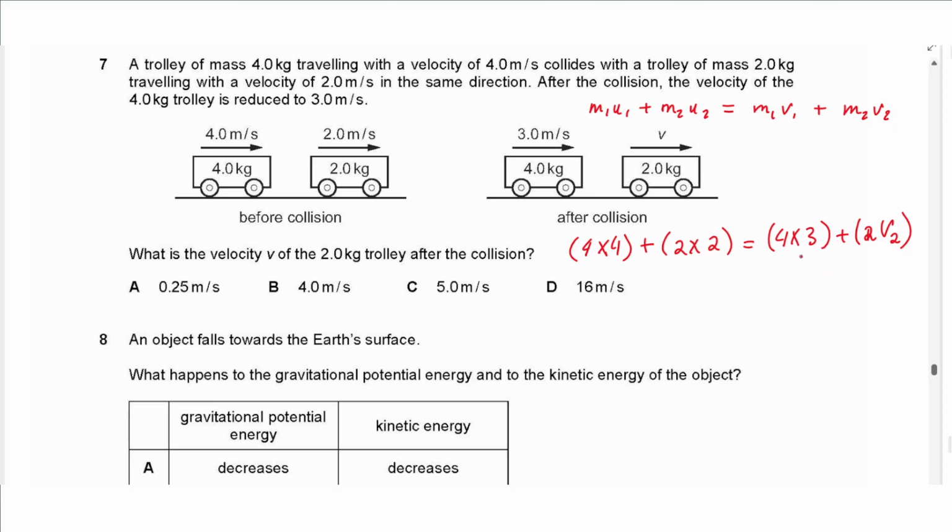So we move this bracket to the other side by subtraction, then we divide by 2. So we have 16 plus 4 minus 12, then we divide that by 2. That gives an answer of 4 meters per second, so the answer is B.